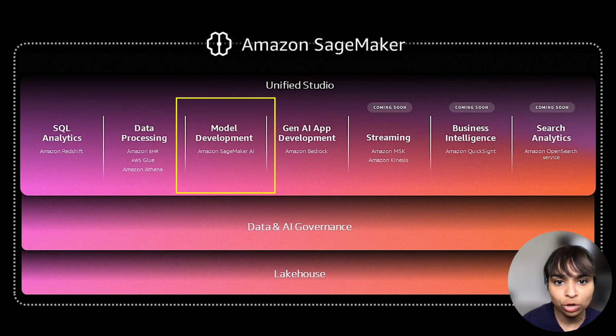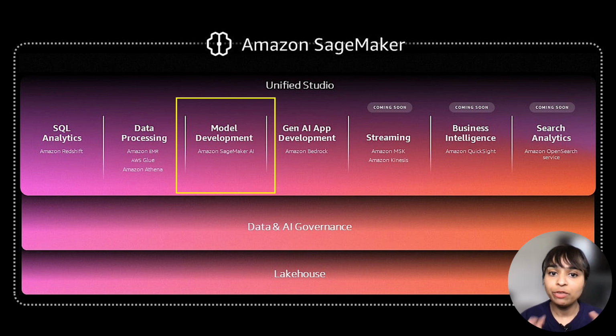Now you can load your raw sequencing data straight into the Lakehouse, clean and prep your data with Glue or Athena right inside the studio, train a gene expression prediction model using SageMaker AI without ever leaving the workspace, prototype a generative AI app with Amazon Bedrock to visualize your results, and share your entire workflow and results with your team, all from a single governed environment.